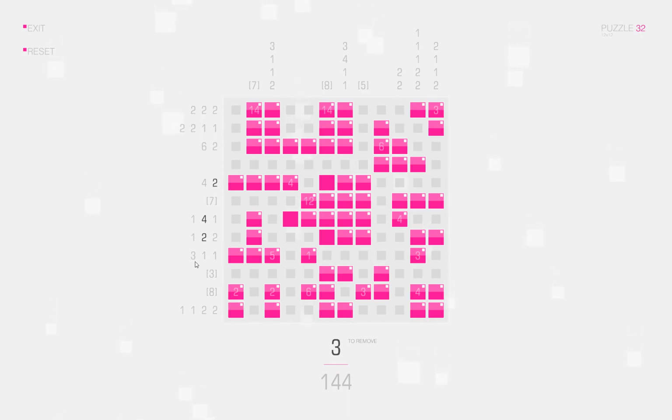Yes. And in this row, 4 and 2, we have our 4, we have our 2, we disconnect there. And in this line, 1, 2, 2, we remove this. And then at last, 1, 4, 1, we can remove this. Yeah, we have the 12.